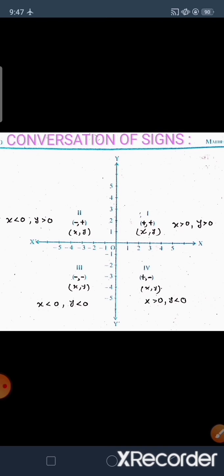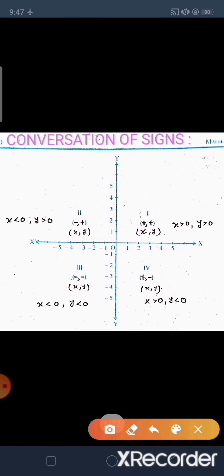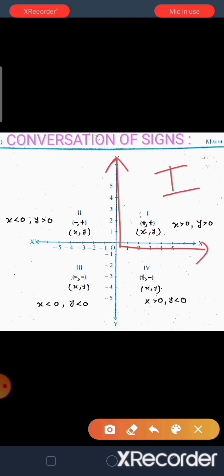How do we say the sign of each quadrant is different? Here in the first quadrant, the OX and OY axes are both positive, so we say the value of x is greater than 0 and the value of y is greater than 0.